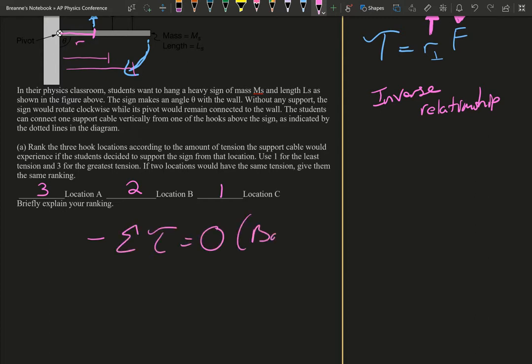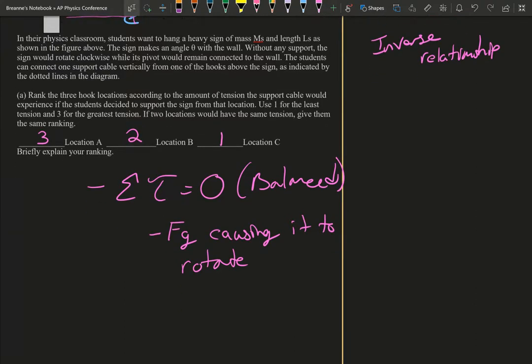That means it's balanced. The force of gravity is causing it to rotate, so that's the torque you have to counteract.